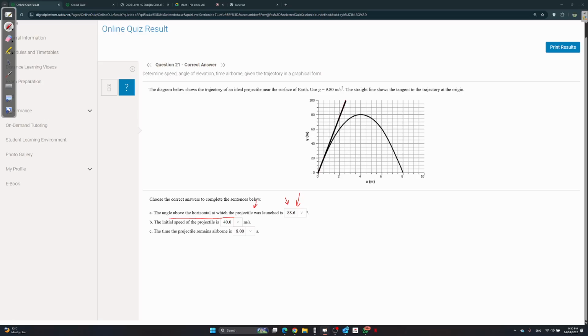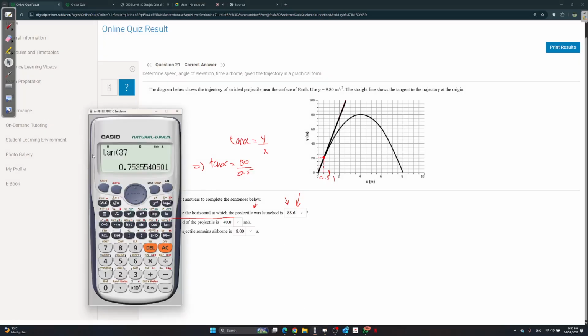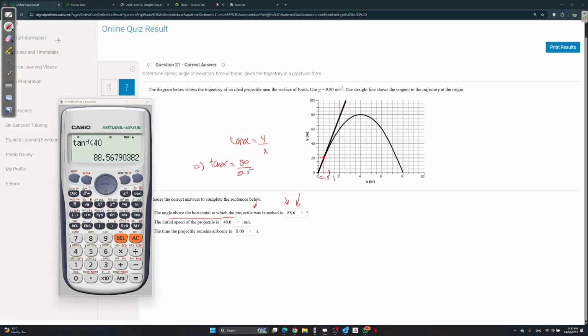So all you have to do is take a point on that tangent line and do tan alpha equals y over x. So tan alpha is going to be equal to 20 divided by 0.5. So alpha is equal to tan inverse 40, and you get 88.6.